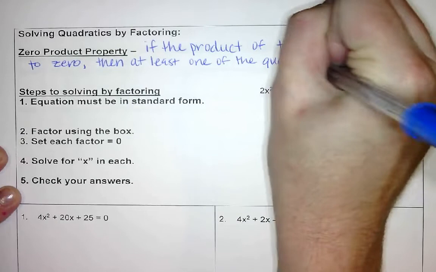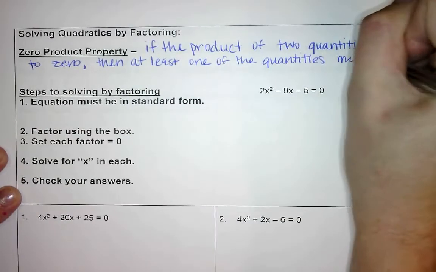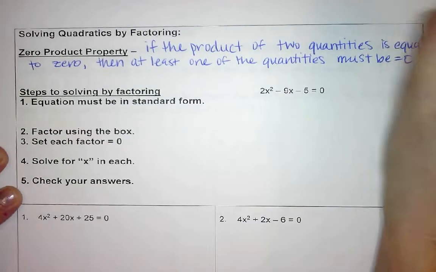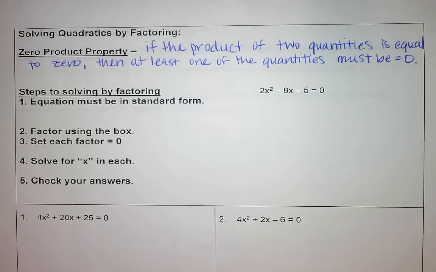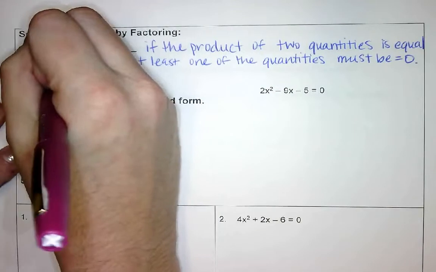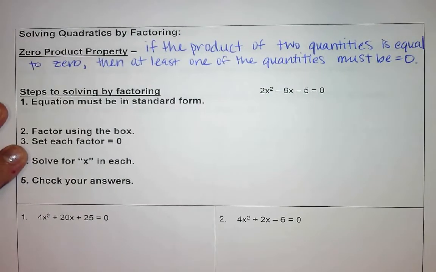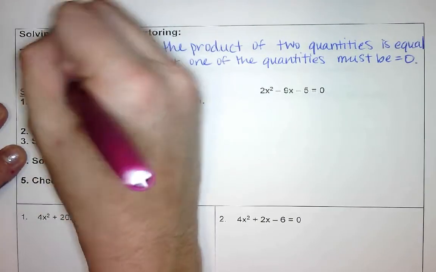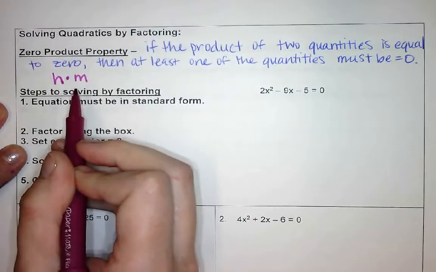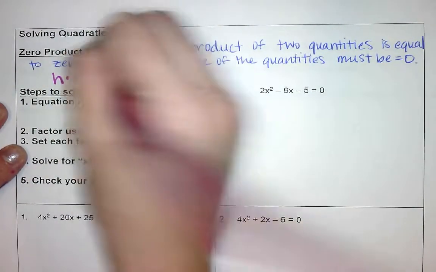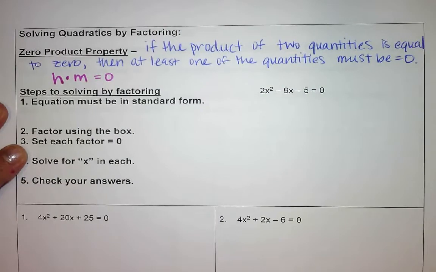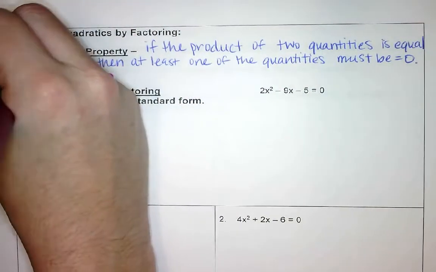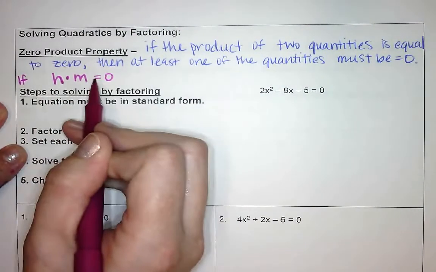So what this basically means is that I'm going to make up random letters: H, because I'm a human ecology teacher, and M, because I'm teaching math. If we have H times M is equal to 0, then H must equal 0, or M must equal 0.